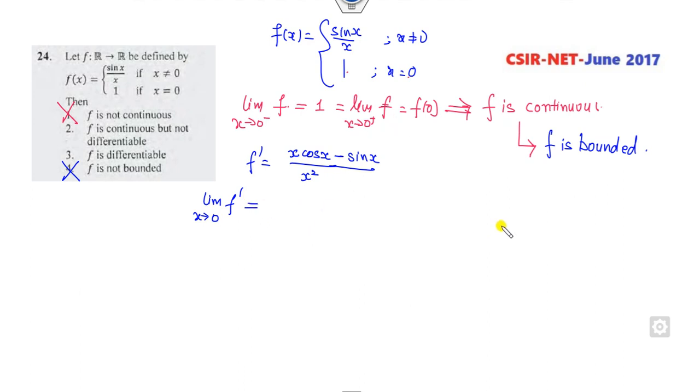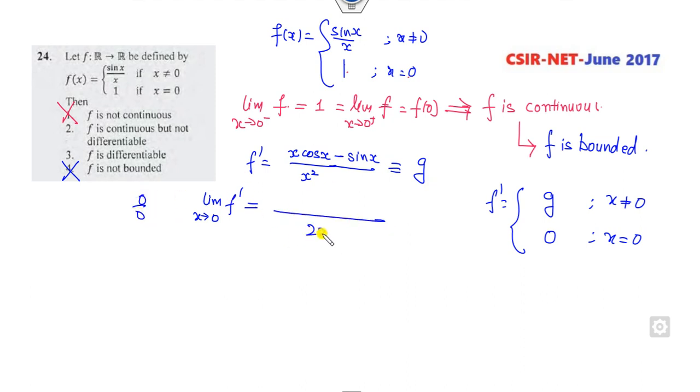Firstly, when x is equal to 0, the differentiation will be 0. When x is non-zero, if I call this g, then what is the limit of this? It is a 0 by 0 form. So again we will apply L'Hopital's rule. If I differentiate them, it is cos x minus x sin x minus cos x.